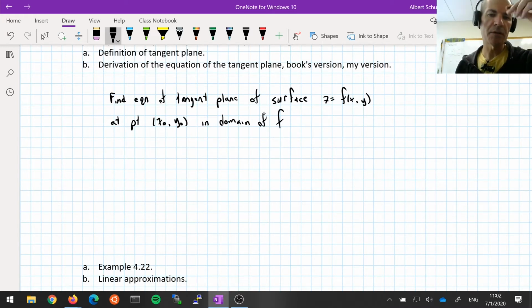So it's important to note that the tangent plane is not going to be tangent to the surface at x naught, y naught, because x naught, y naught lives in the domain of f.